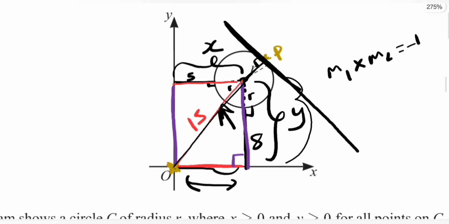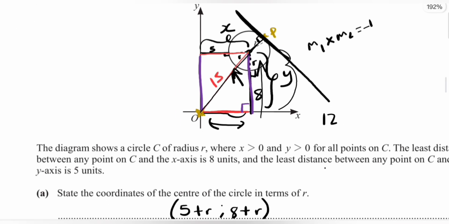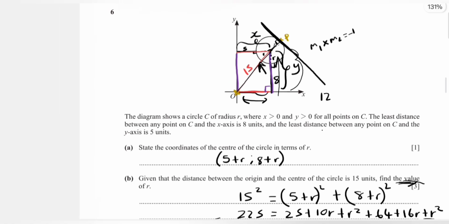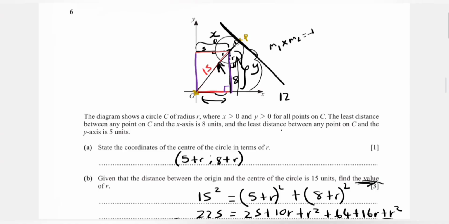And we know that our r is 4, right? So this right here will be 8 plus 4, which is 12. So our change in y will be our 12 over our change in x, which is our 5 plus r, which is 9. So that's 12 over 9, and that gives us 4 over 3.